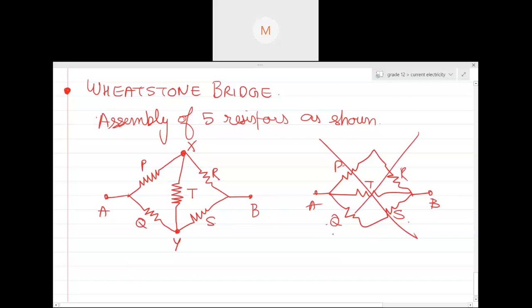But this is not your Wheatstone bridge. This is your Wheatstone bridge. The A and B are there, 4 resistors like this, but in between the two, you just connect them by a resistor. This assembly is basically called a Wheatstone bridge. Why is it called a Wheatstone bridge? Because this assembly was first discovered in, I think, some village.